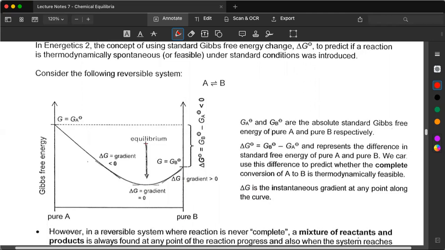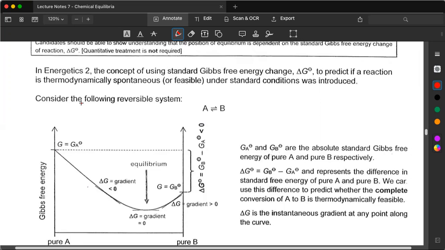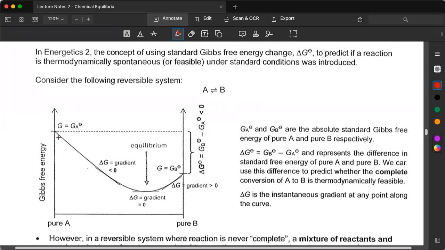We can use this difference to predict whether the complete conversion of A to B is thermodynamically feasible. So delta G is the instantaneous gradient at any point along the curve. So this is the reversible system. The change in G is the gradient, then it will go down.